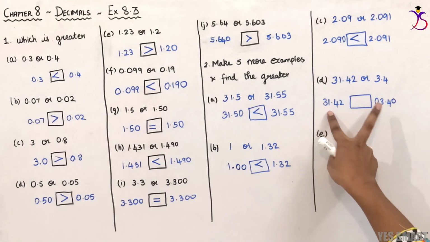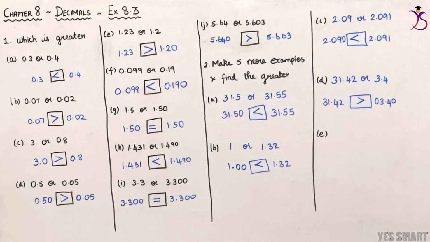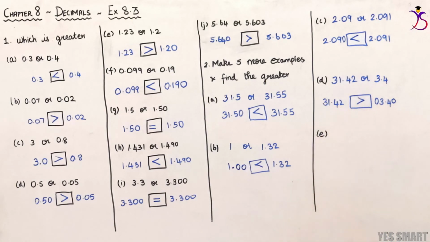We have 31 here, we have 3 here. Obviously 31 is greater than 3, therefore 31.42 is greater. We have added 0 before the whole number 3 and after the decimal digit 4 so that the value of 3.4 is not changed. Adding 0 before 3 doesn't change any value, it still remains 3. In the same way, adding the digit 0 after the decimal digit 4 doesn't change the value, it still remains 3.4.